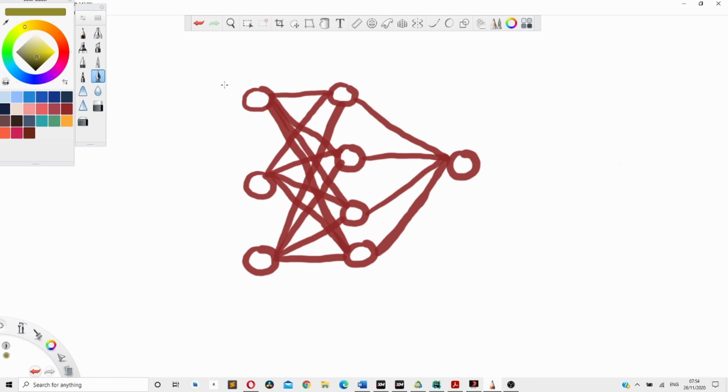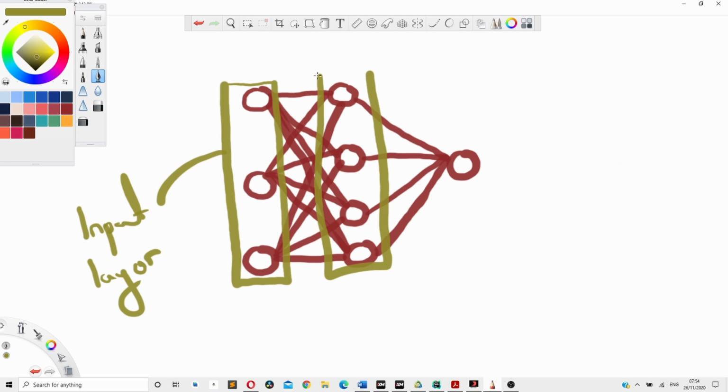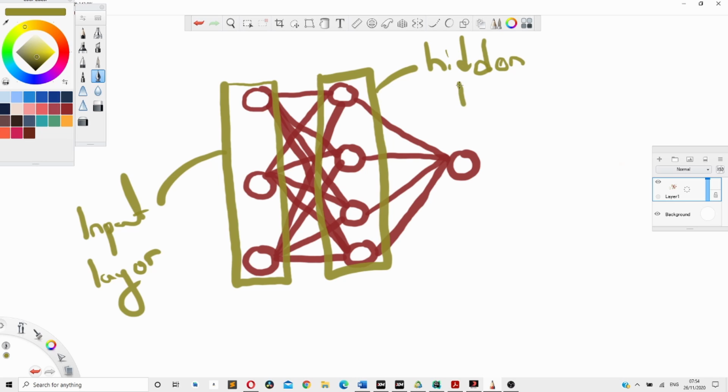Diving into our architecture, this is the input layer for our neural network. And this is our hidden layer, and then this is our output.